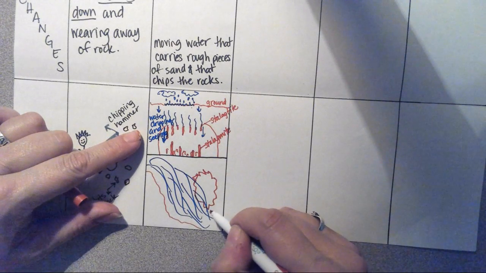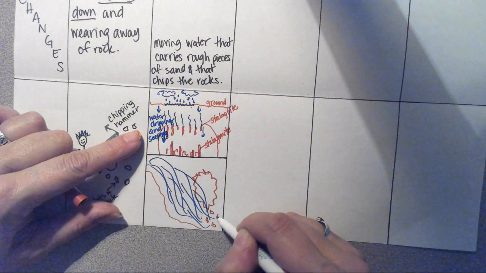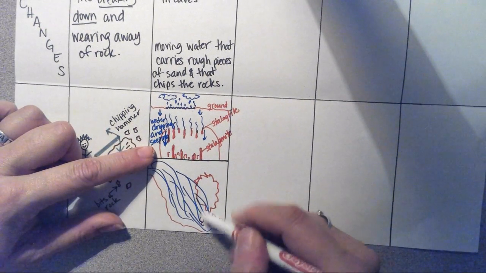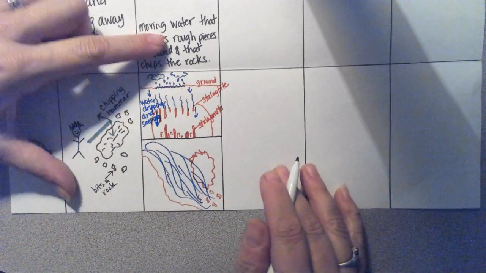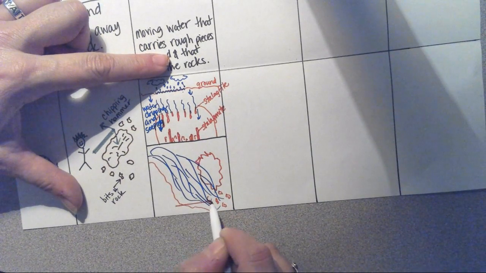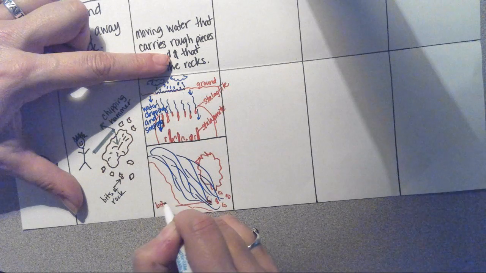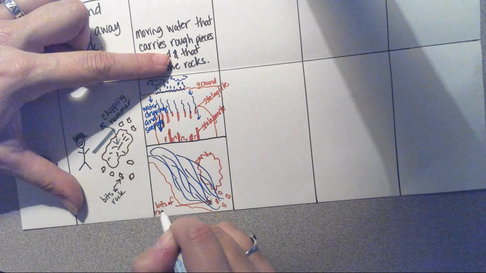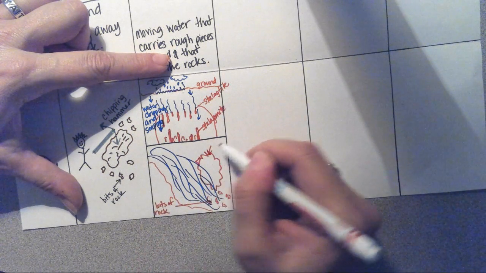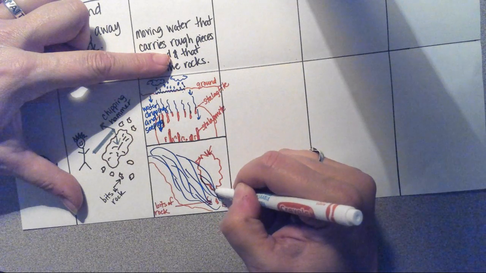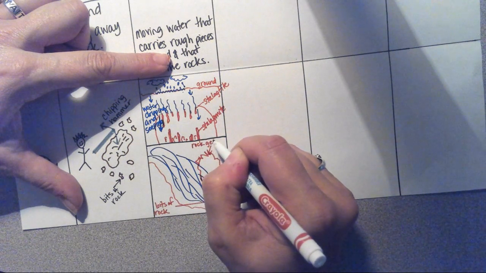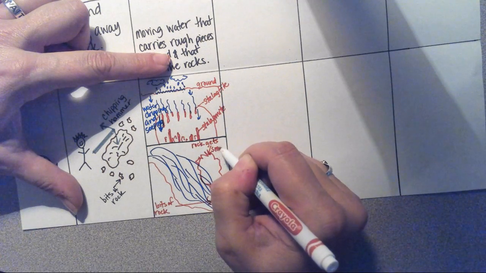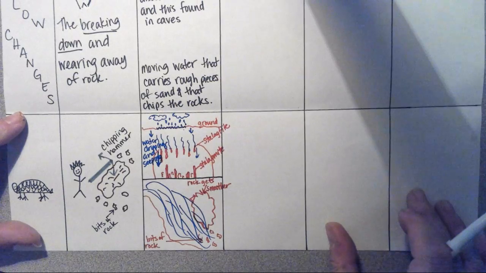It's going to break off too, right? As that water's going by. So we have the bits of rock. And this rock gets smoother. Okay?